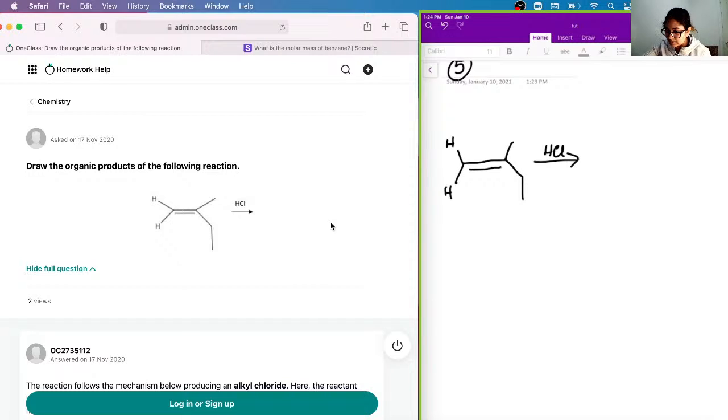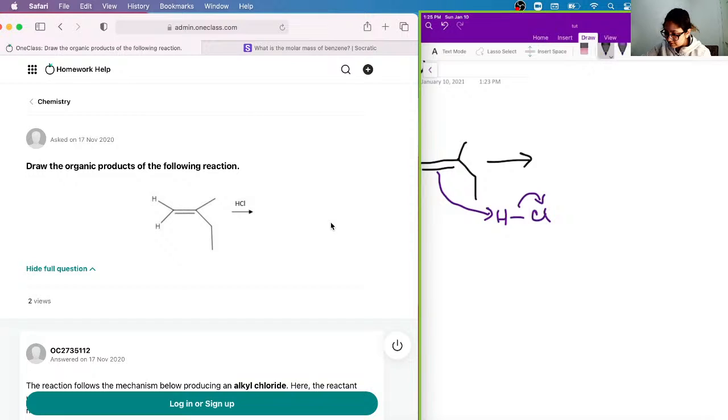So the way we would want to show this is, I would write HCl like this. Your chlorine gets off, and your double bond here reacts with hydrogen. So this is called your electrophilic addition. And so what happens next is you open the double bond.